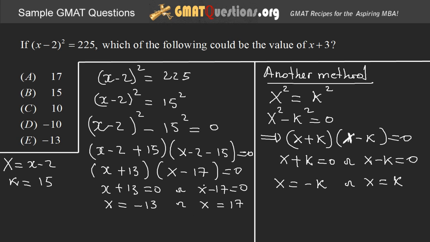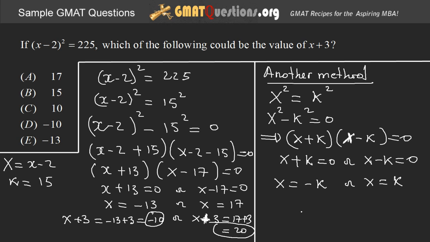It's the same thing we found earlier for x, and we have x plus 3 in this particular case: negative 13 plus 3 is negative 10, or x plus 3 rather is going to be 17 plus 3, which is equal to 20. As you can see, we got the same result as the previous method.